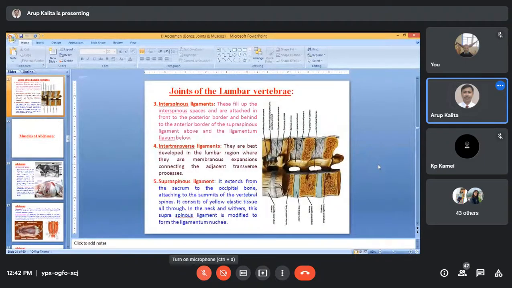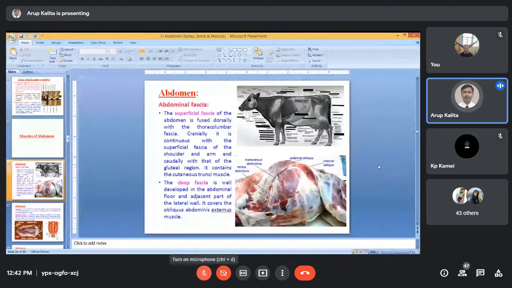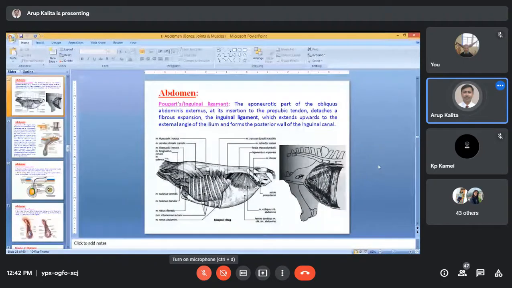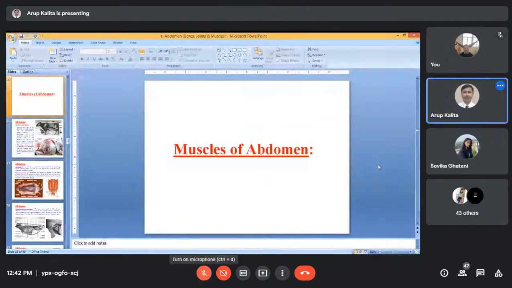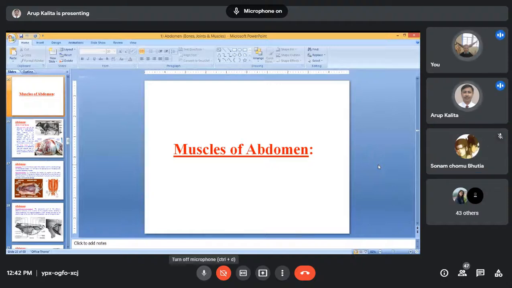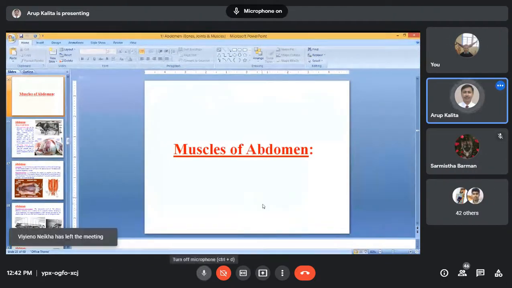So in the next class, we will discuss the muscles of the abdomen. I will show you these muscles in the next class, next Thursday.